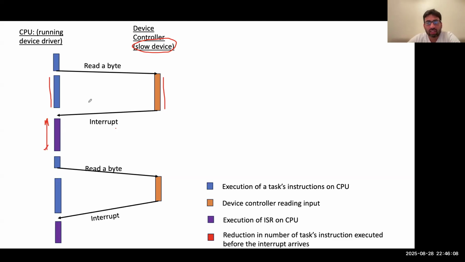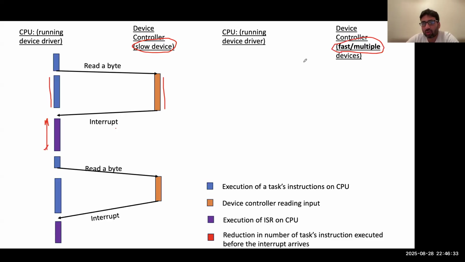Now let's compare it with the situation where the device controller is relatively faster. So let's consider the same situation, but with the exception that we have a faster device controller.